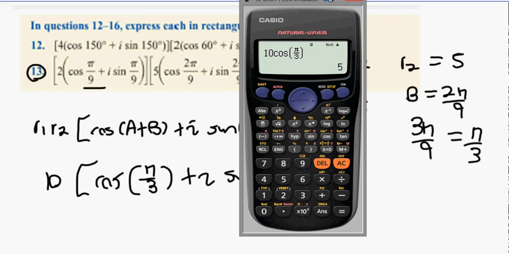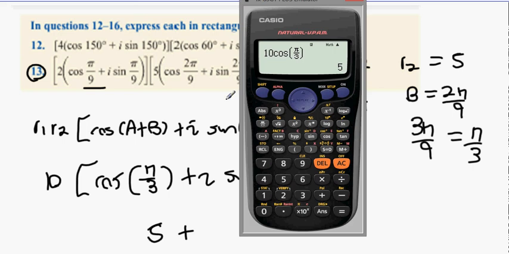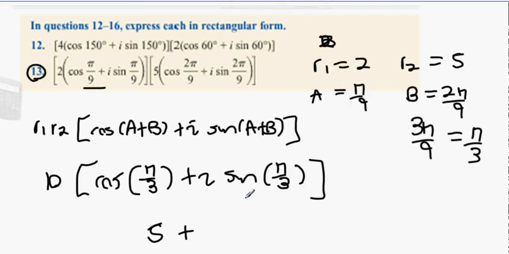We're going to get 5. And then the other one, it's going to be sine. And you're going to get plus 5 root 3i. So there we go, number 13 being 5 plus 5 root 3i.